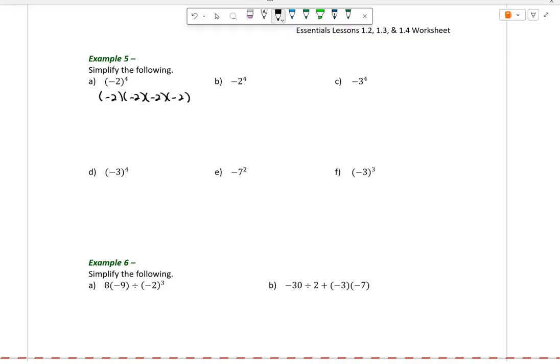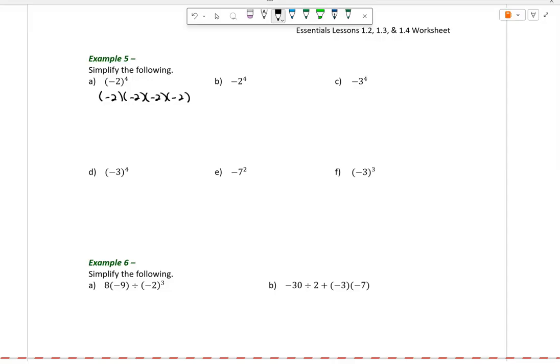It would not matter what is in the parentheses at all if that exponent is on the parentheses. You're going to do the whole parentheses. You could have a nice long expression in there, and you're going to do 4 of them in this case. So with that being said, are we going to have a positive or a negative solution? How come?